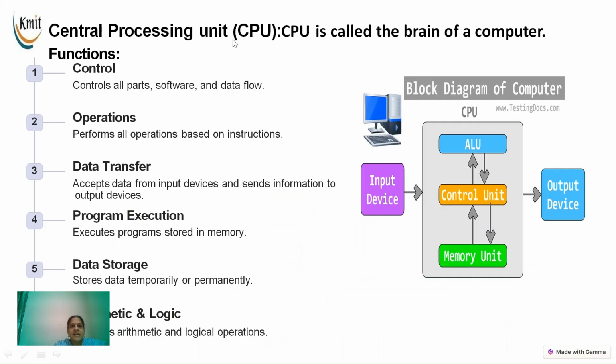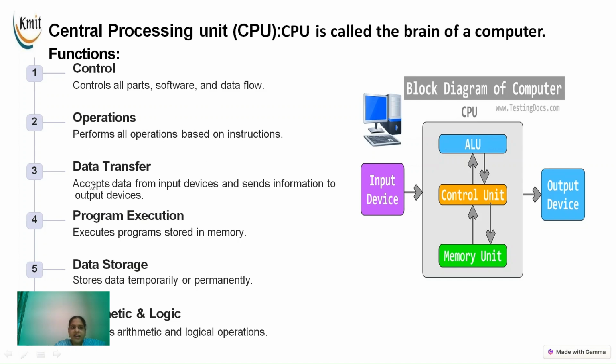Next is the central processing unit. The central processing unit, or CPU, is also called the brain of a computer. The functions of the CPU are to control all the hardware and software, as well as to control the flow of data. It also performs all the operations based on the instructions given by the user.